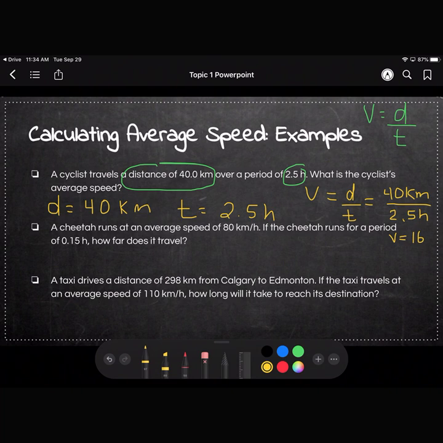Even in chemistry, remember, I was always saying you need to write the units. What are the units for velocity? Kilometers an hour, and I can't fit that there, so I'm going to write it up here so it's not in the way. Our velocity is equal to 16 kilometers per hour.